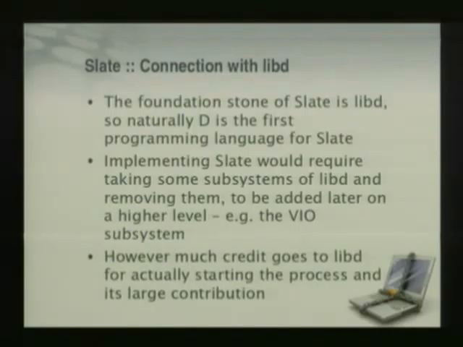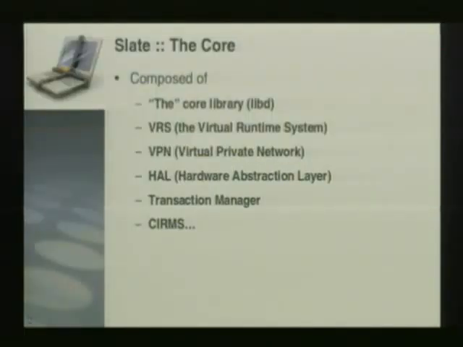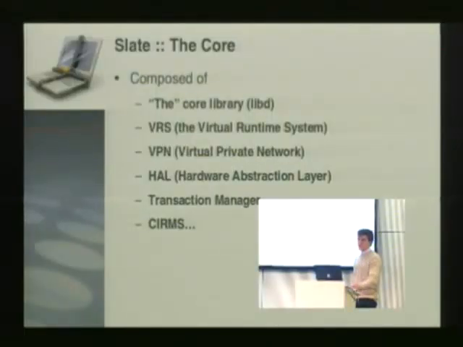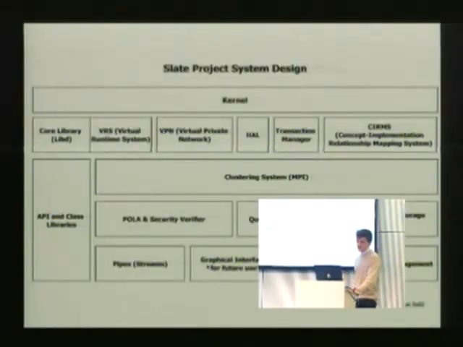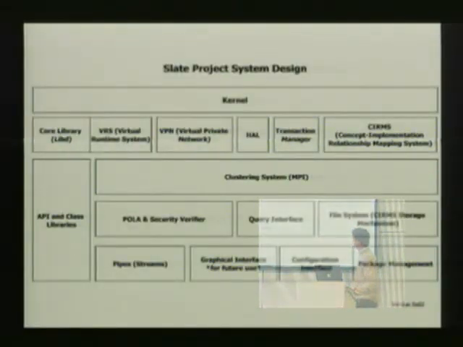And thank you very much to Madeleine Freudenberg for implementing libd and making this at least possible. The core of Slate consists of libd, the virtual runtime system, the virtual private network layer, the hardware abstraction layer, transaction manager, and CMs. And here's a nice diagram of how we envision Slate to look.